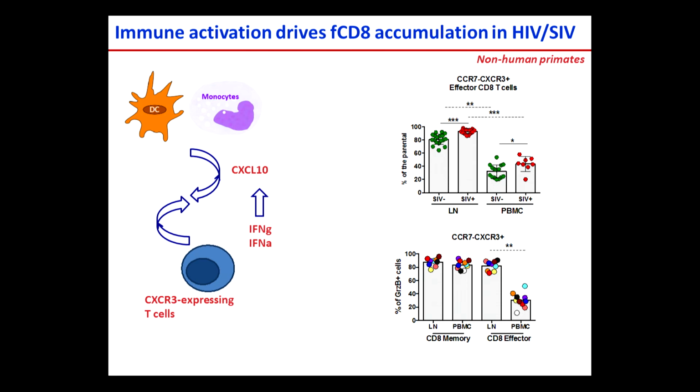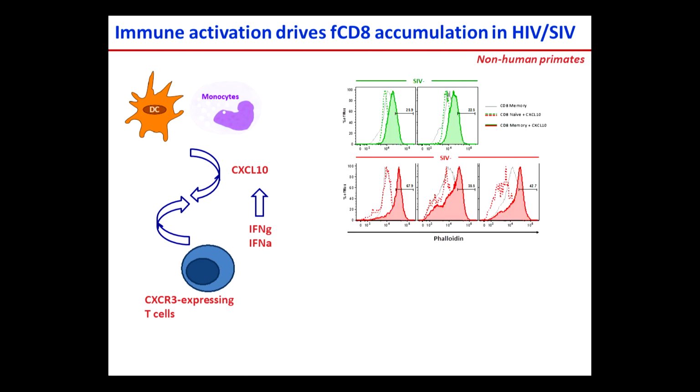So what does this, one last bit of data. I've said they should be able to follow this gradient of CXCL10. Do we have any evidence that they actually can migrate in response to CXCL10? Well, one assay that you can do to look at this is called the phalloidin assay.